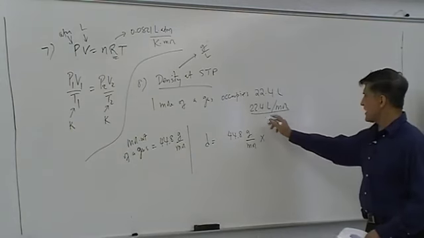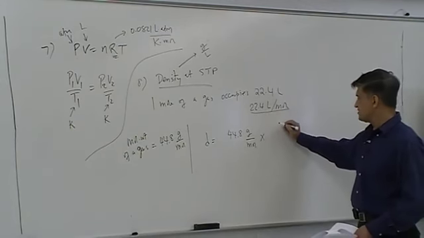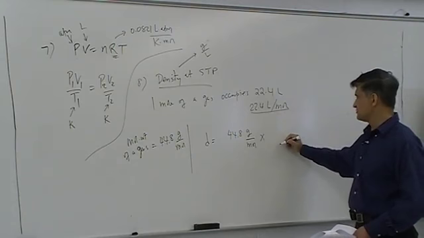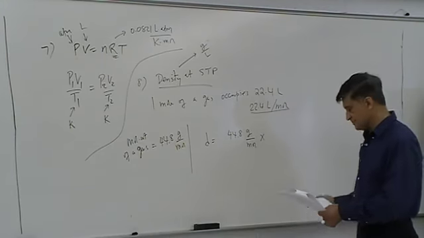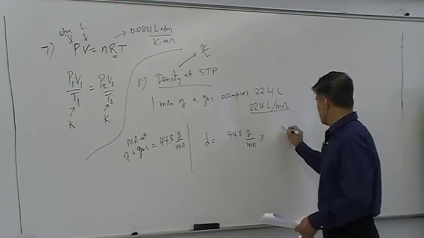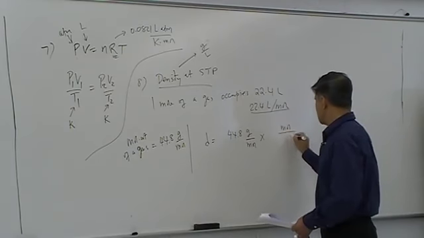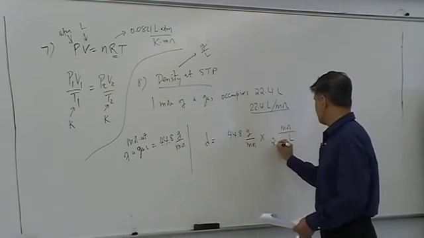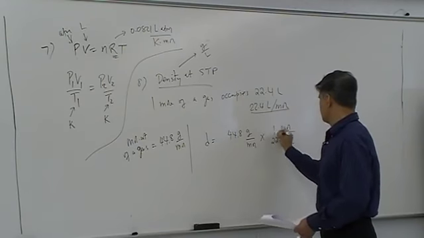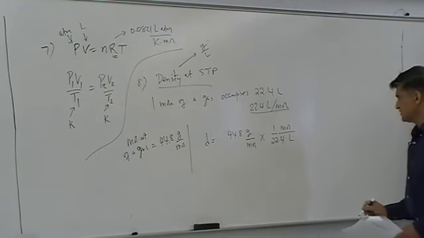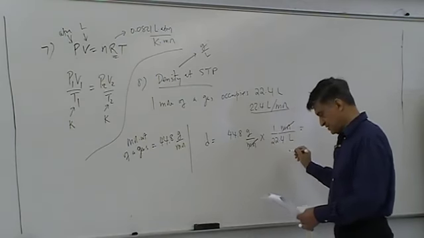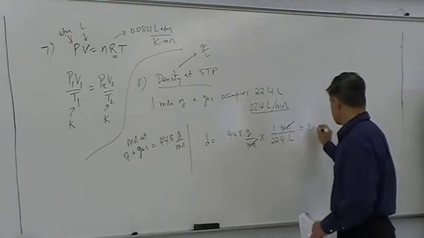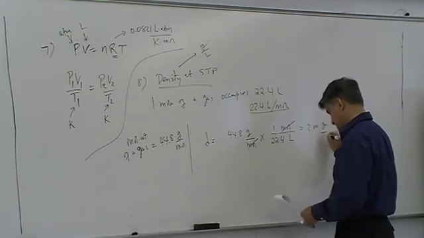Now, if I use it as is, where liter would be on the top, mole on the bottom, it's not going to work out. So I need to flip it so that mole goes to the top, liter on the bottom, so this 22.4 goes with the liter. So keep that in mind. Mole would cancel out, so that gives me 2.00 gram per liter.